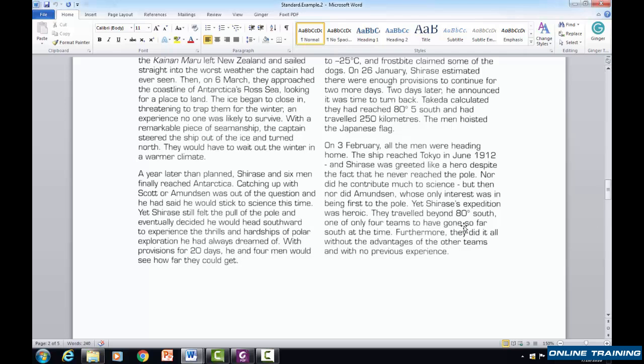All right, so this is going to be tricky. When I look at this, it tells us that he was going to stick to science, that he was going to experience the thrills and hardships of polar exploration, and then it says that he only had provisions for 20 days. Provision means food.